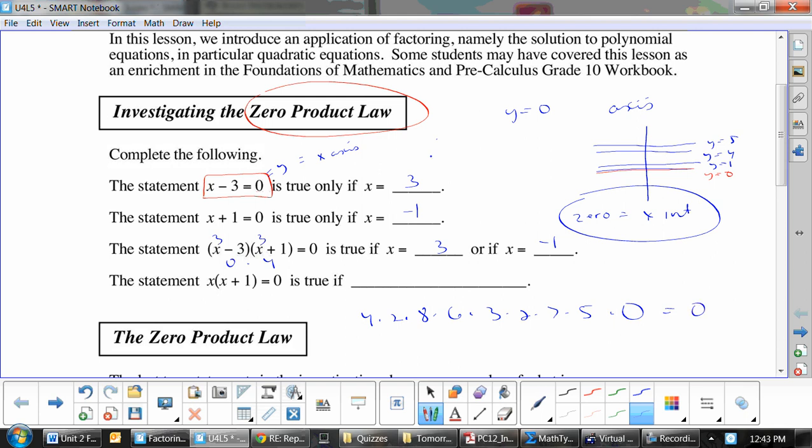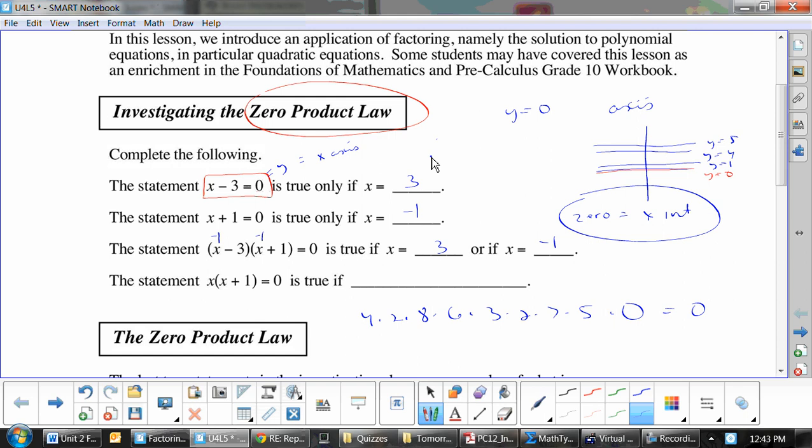So if 0's anywhere in multiplication, everything equals 0. So that's the time that this would equal 0. Or if you put a negative 1 in here, now you're saying, well, but that doesn't equal 0. Who cares? One of them equals 0, so it will all equal 0 when you multiply it. So when does this thing equal 0? At 3 and negative 1.